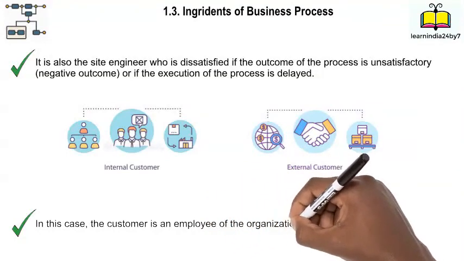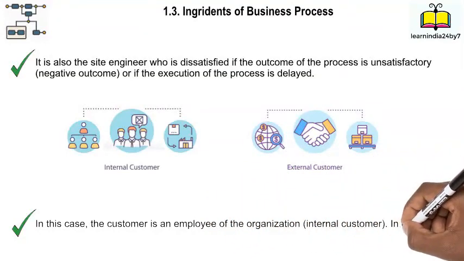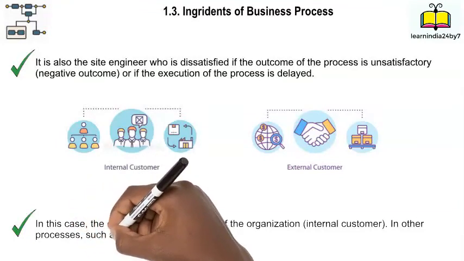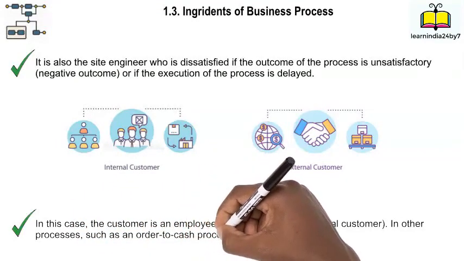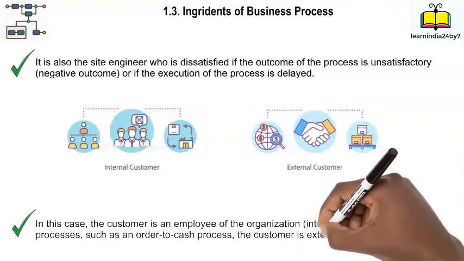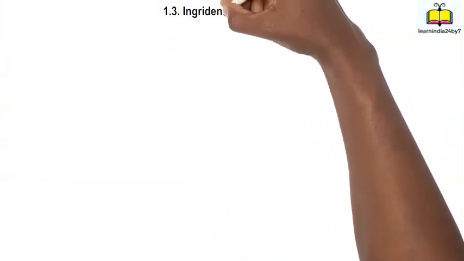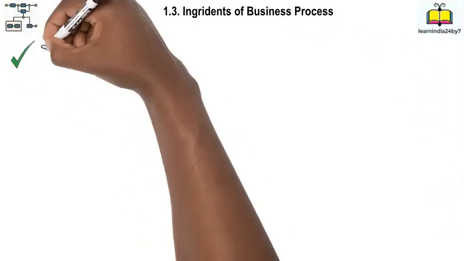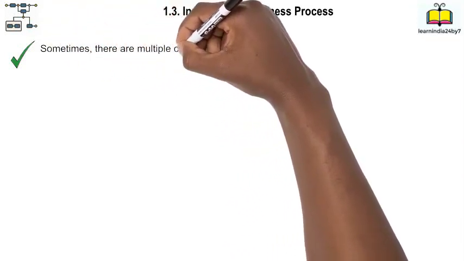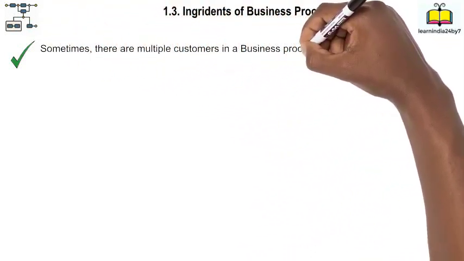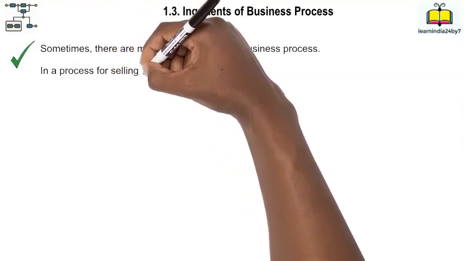In this case, the customer is an employee of the organization, hence it is an internal customer. In other processes such as the order to cash process, the customer is external to the organization. Many times there are multiple customers in a business process.